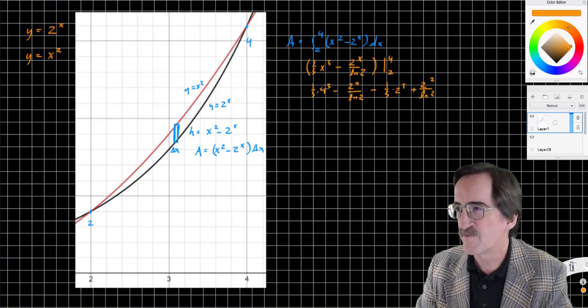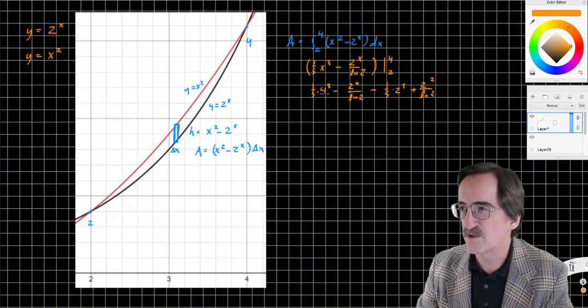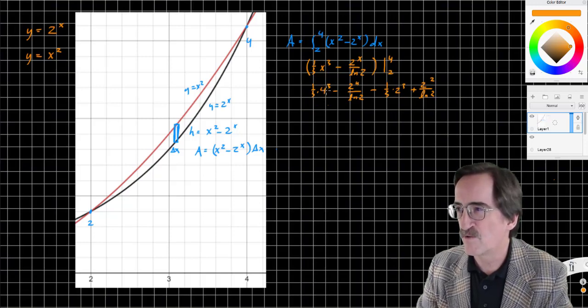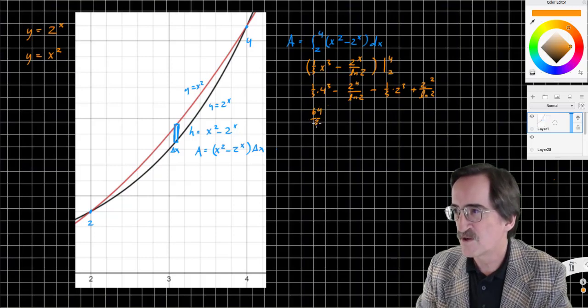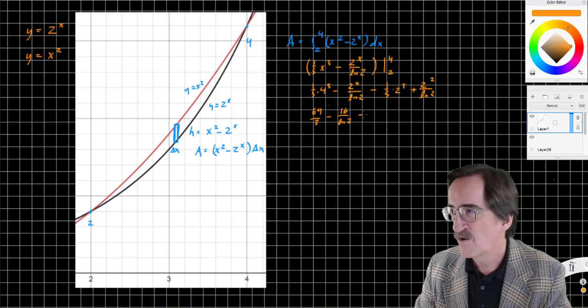And we can simplify this. 4 cubed is 64, so 64 thirds. Minus 2 to the 4th, which is 16 over ln 2. Minus 2 cubed is 8, so 8 thirds, and 2 squared is 4 over ln 2.